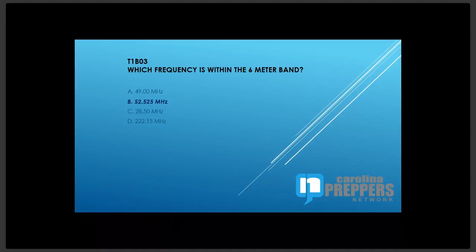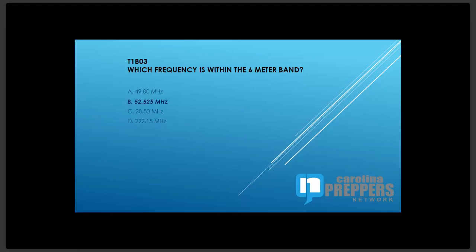Likewise, you can reverse that. So somebody said, what band is 52 megahertz on? Well, divide... It's not wanting to show my calculator. No problem. I was trying to put a calculator up to show you.